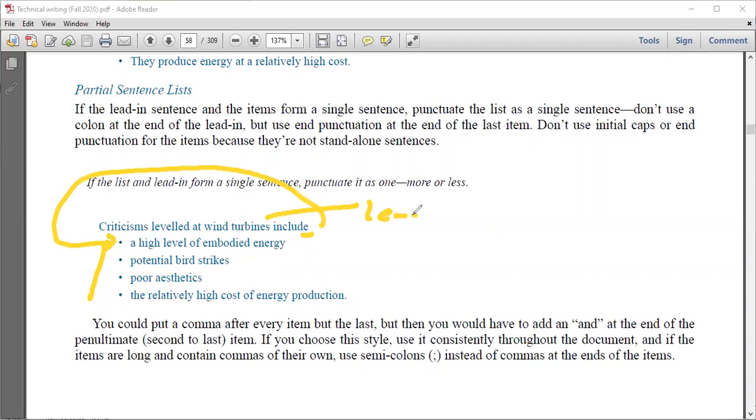Now, this is called the lead sentence. High level of embodied energy, potential bird strikes, poor aesthetics, the relatively high cost of energy production, and you put the full stop at the end. Why? Because this finishes the lead sentence, basically.